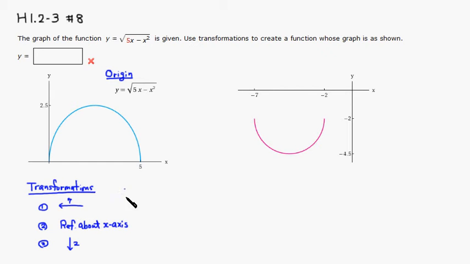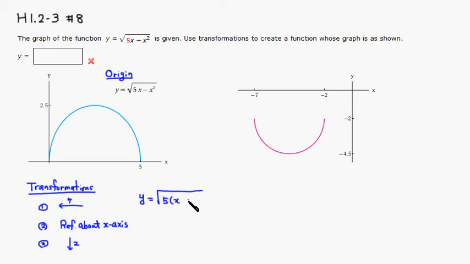So what's the equation? Here's the original one. In order to shift to the left 7 units, we need to add 7 right by x. So the equation is going to be y equals square root of 5 times quantity, right by x inside the parentheses, you have x.